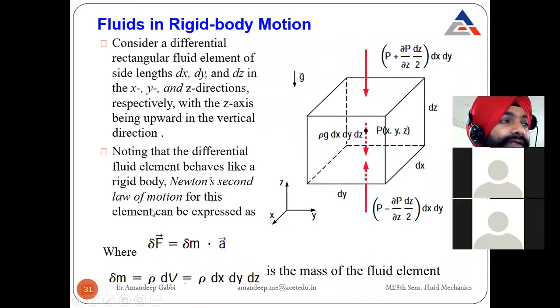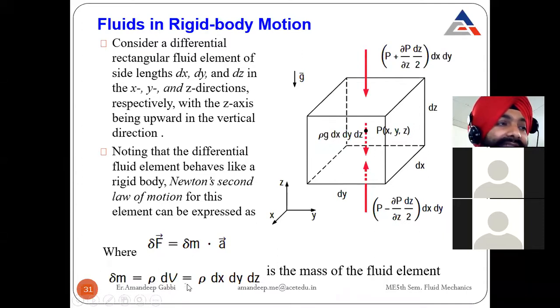Now Newton's second law of motion for this element can be taken as: force is equal to change in momentum, right? So change in force delta F is equal to delta m into a. a is acceleration. And this fluid is moving from top to down or down to top. We are talking about this movement in that direction. Now delta m is rho dV.